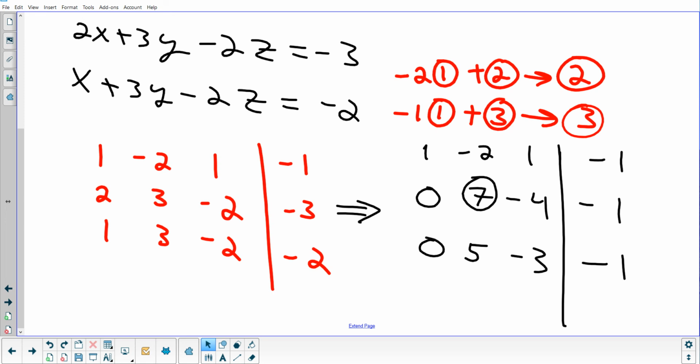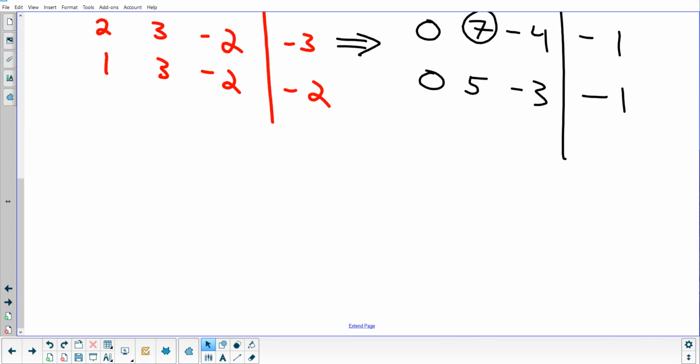So I think I only really see one way here to get a 1 in this spot. How are we going to get a 1 in that spot? And what would be the fraction? 1/7.